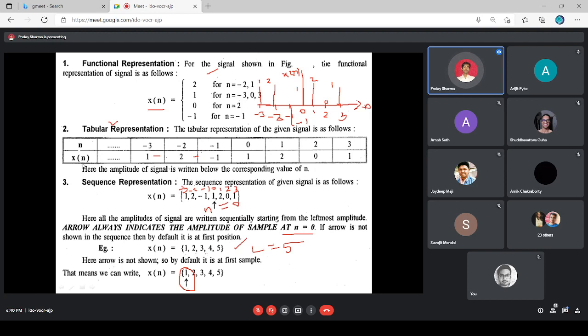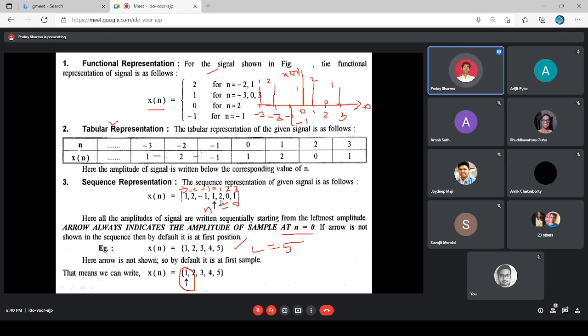And the third one is the sequence representation, which is most popular and widely used in different books. The sample values are enclosed in curly brackets, and an arrow is given to indicate the origin. That means for n equal to 0, what sample values are there? This is the arrow, the sample value is 1.